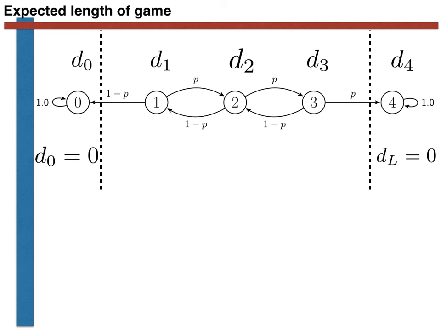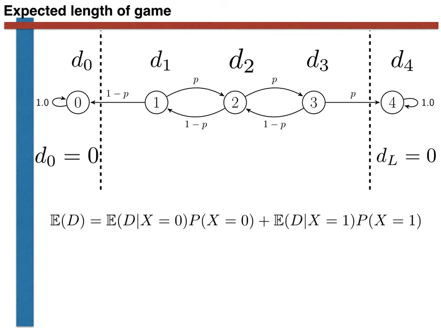To calculate d1, d2 and d3, we need to exploit the conditional expectation theory. We will exploit a similar vein of reasoning to that we did on the previous slide, and will condition on the outcome of the first gamble here, which the gambler will either win, x equals 0, or lose, x equals 1.